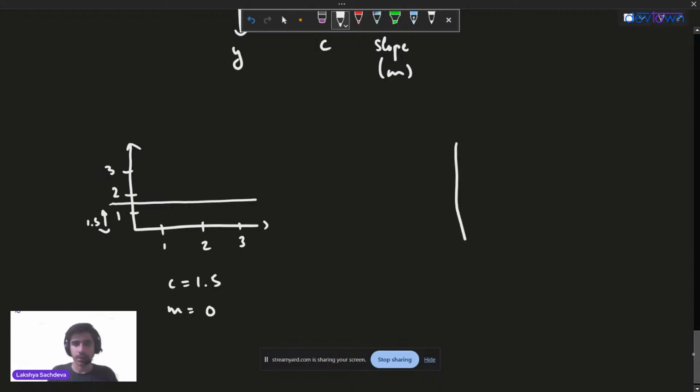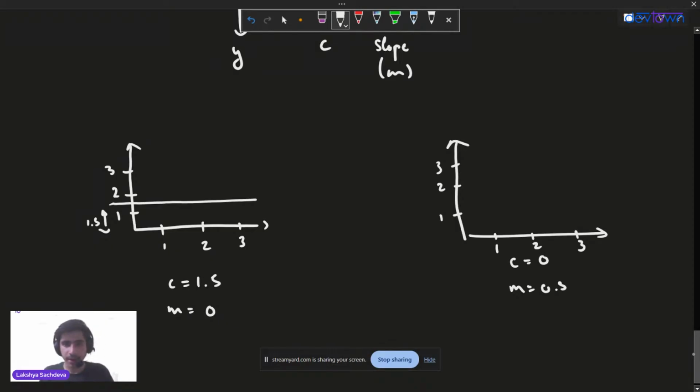Sir, can you explain with one more example? Sure. Suppose I am taking c as 0 and I will take the slope as 0.5. This is 1, 2, 3 and this is 1, 2, 3.